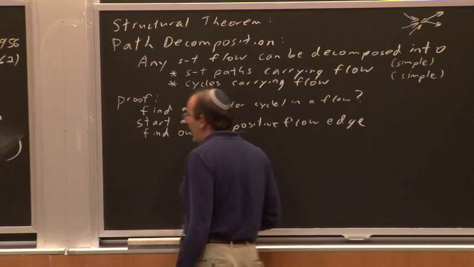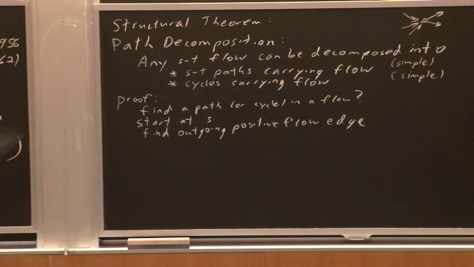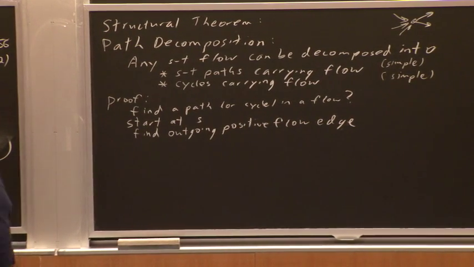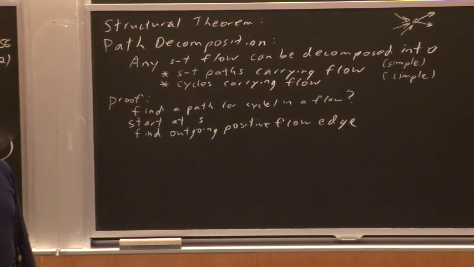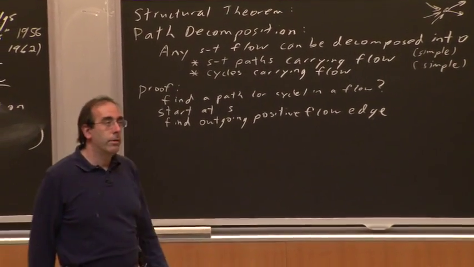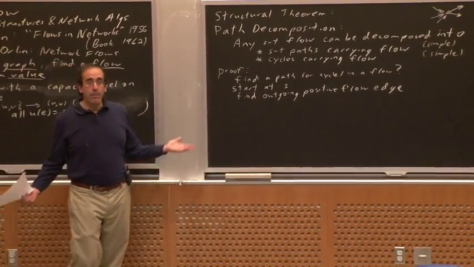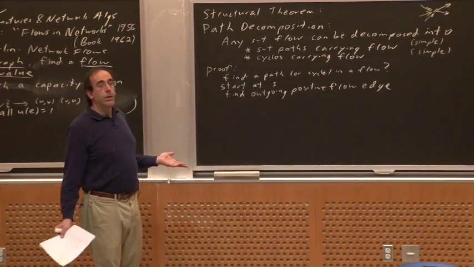Now, can we always do that? Yeah? If the total flow, if the value is positive, then yeah. Okay, so if the value is positive, the claim is that we can find a positive outgoing flow edge, right?